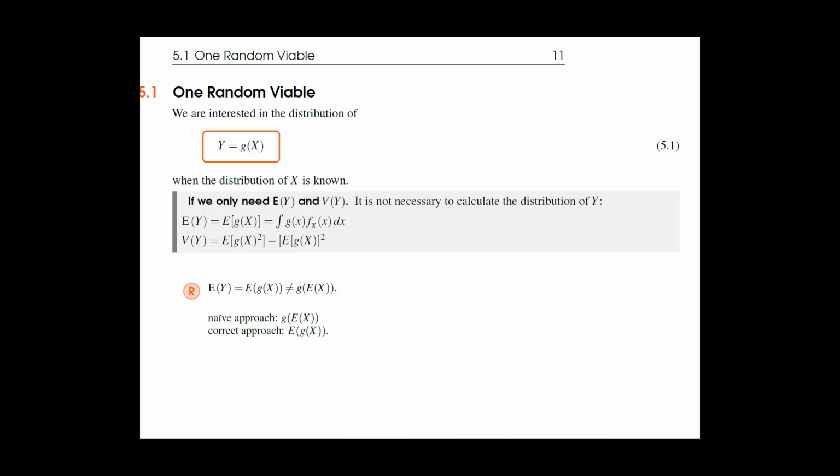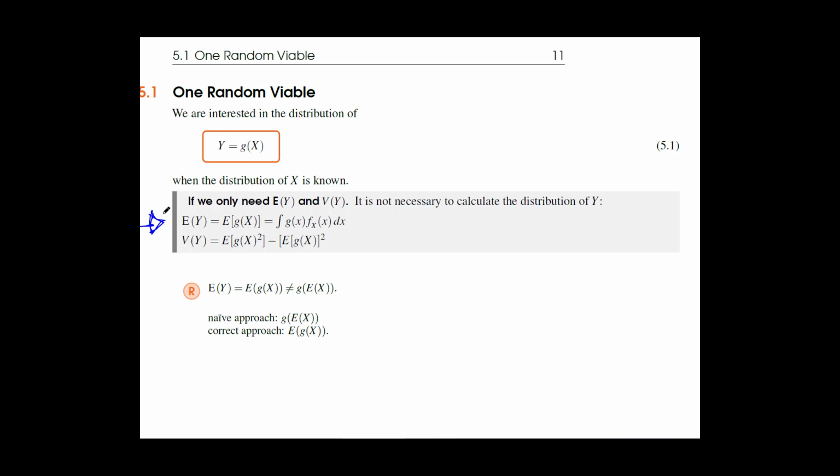So the question that we'll be asking in section 5.1 is, what is the distribution of y? Now, let's get this out of the way. Many times, the only questions you want about y are the mean and the variance. For that, you do not need to know the distribution of y.